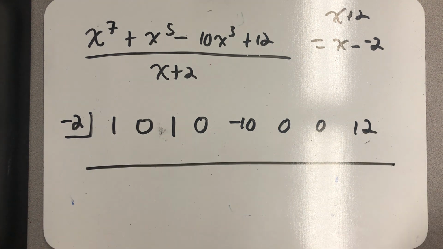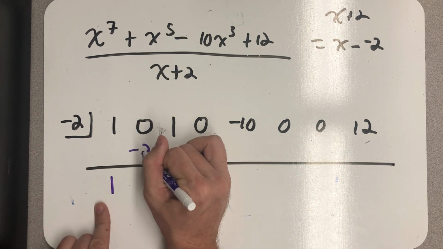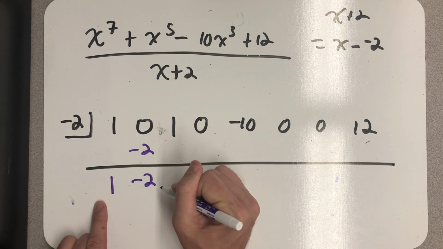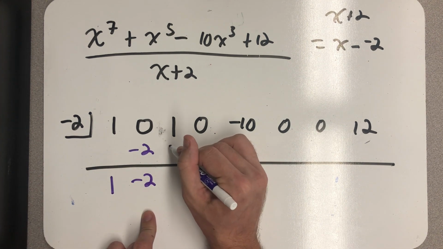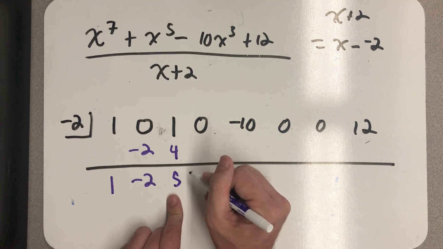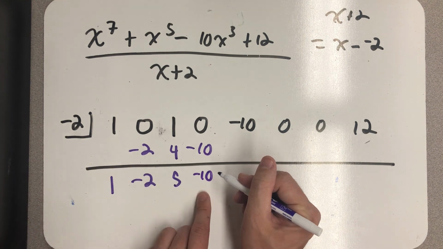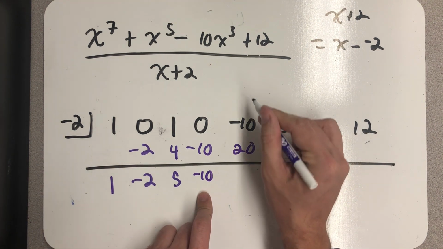So now I'm going to run through and do the synthetic division. I bring down my 1, times minus 2, add those together. Minus 2 times minus 2 is positive 4. Minus 2 times 5 is minus 10. Minus 2 times minus 10 is positive 20.